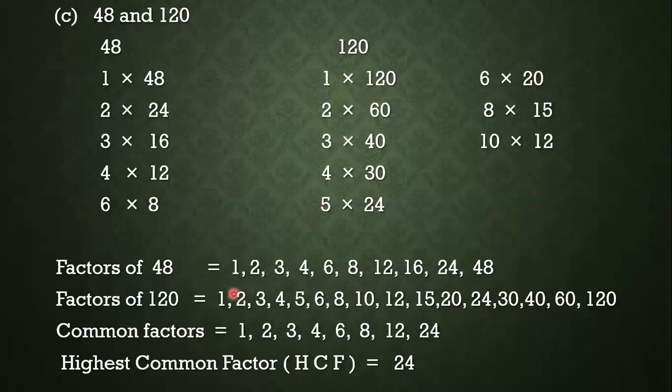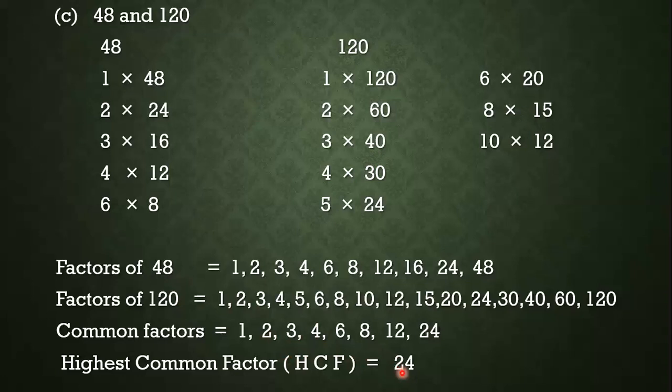Which are common factors? 1, 2, 3, 4, 6, 8, 12 and 24. This many common factors are here. Now among these numbers, which is the greatest factor? That is 24. That means the highest common factor or HCF of 48 and 120 is 24.